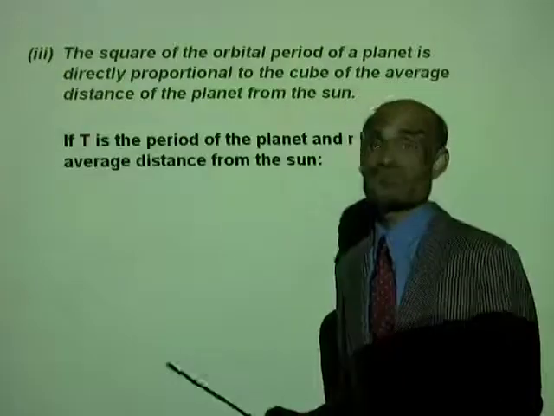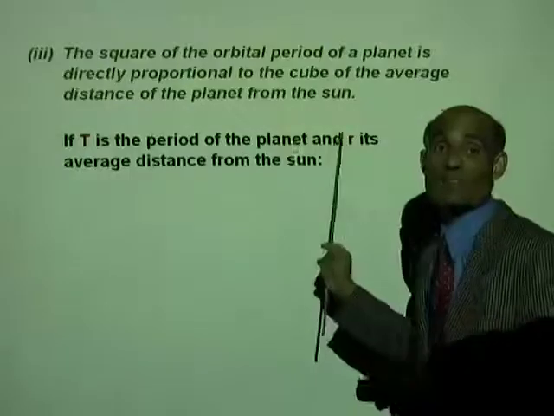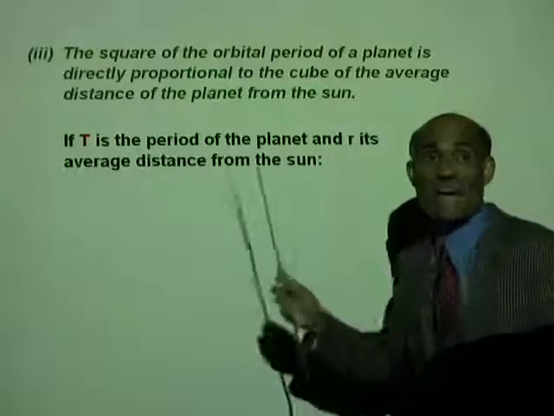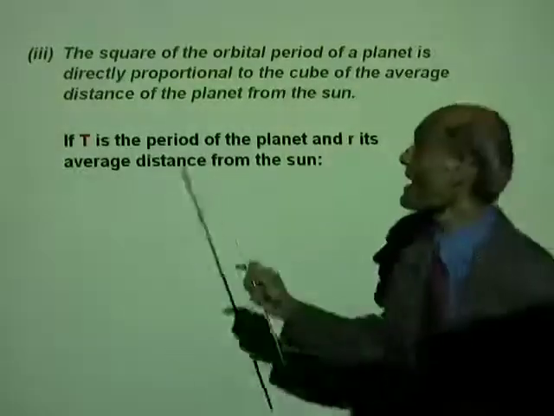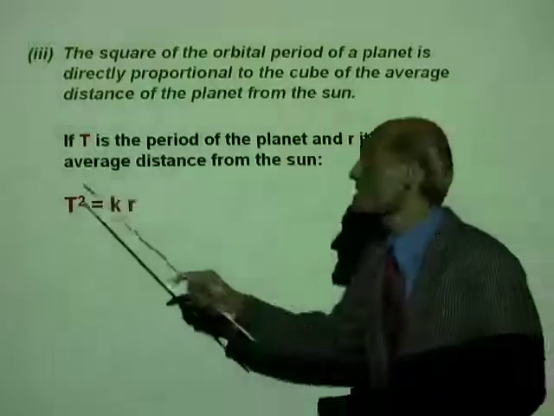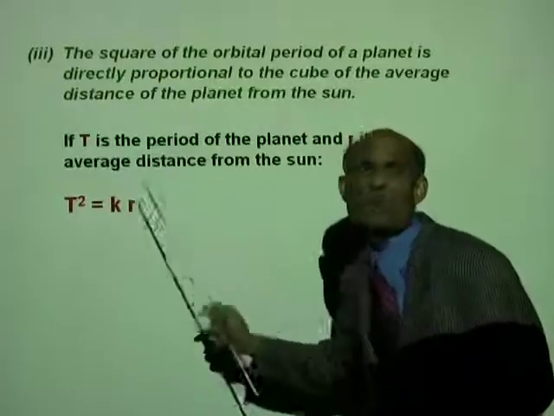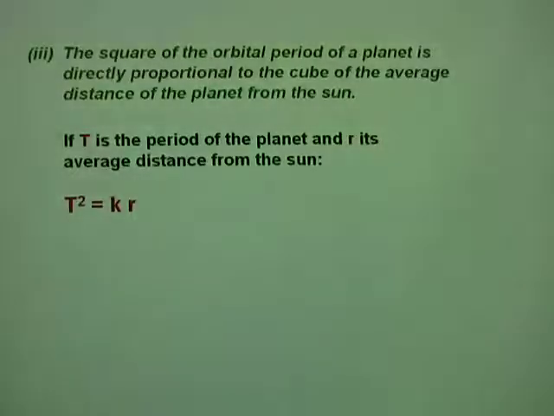The square of the orbital period is proportional to the cube of the average distance of the planet from the sun. Well, if T is the period of the planet and r is its average distance from the sun, how will you represent this statement? We can say T squared equals k r cube. Well, look at the little mistake there.